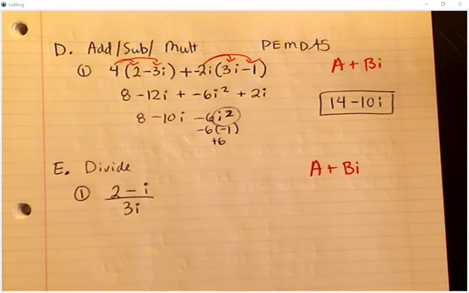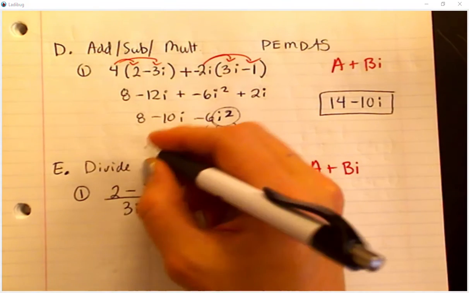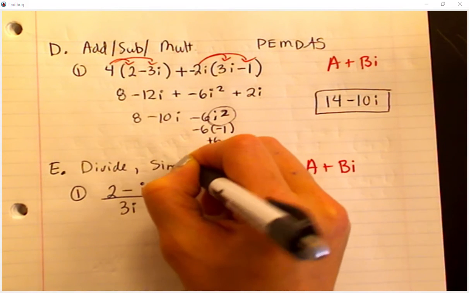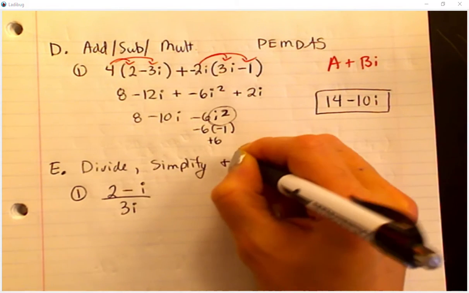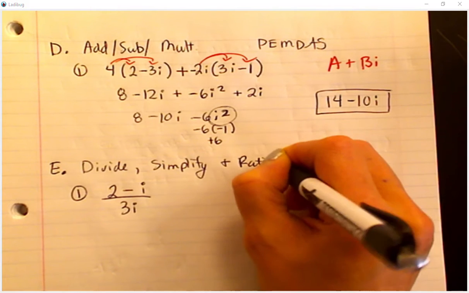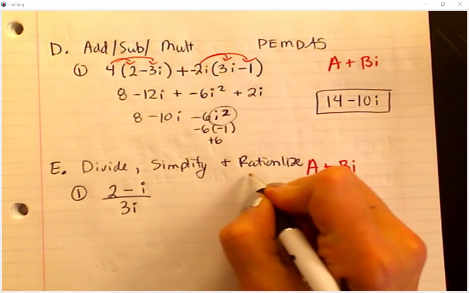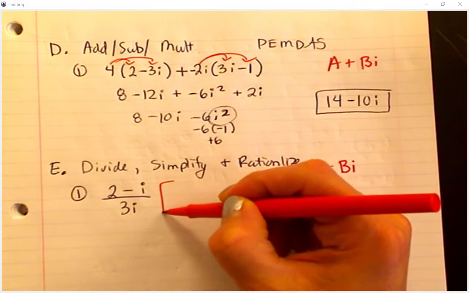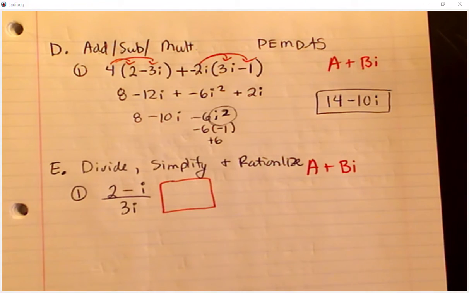Divide, simplify, rationalize, right? So divide, this is simplify, and there's the verb, rationalize the denominator. Okay, well the problem is that the i is really a radical in hiding. Just like we started with the review, what will we multiply by?